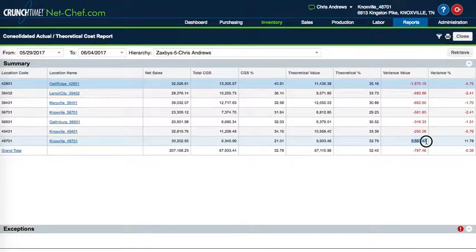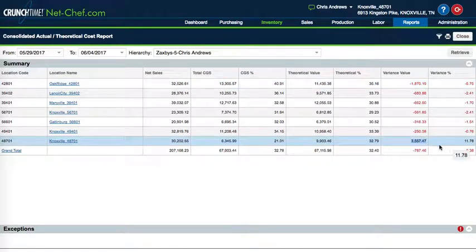Over at Bearden with an 11.7% growth variance, there's $3,500 in product that we don't actually have there. There's probably a miscount, or it's saying we grew $3,500 worth of product. That's what I look at when I'm thinking about variance from an overall perspective: how do we do for the full week?